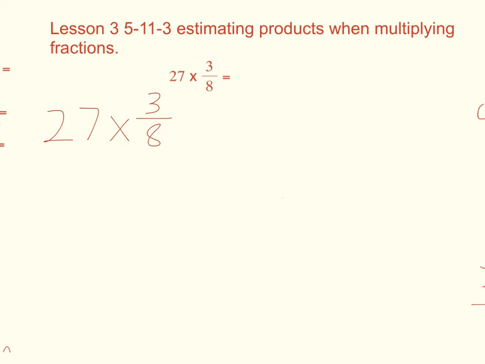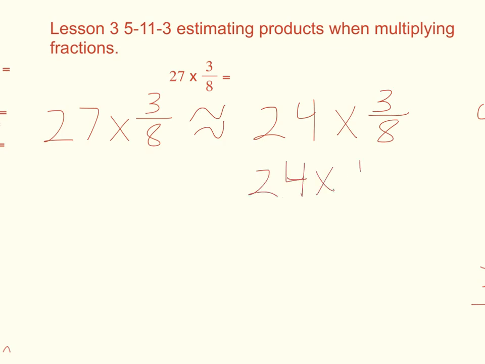We have to look for compatible numbers with the denominator and the whole number. So I'm thinking multiples of 8. We got 8, 16, 24, 32. So I think 24 is the one we want to go with. That's the closest. So we could say 24 times 3/8. Now to solve this easily, we're going to say first solve for 24 times 1/8.